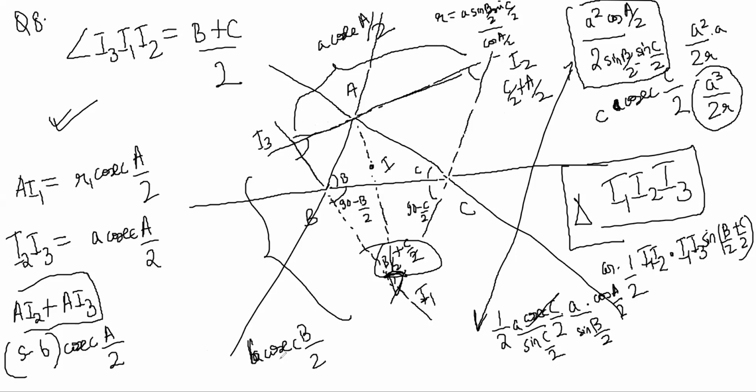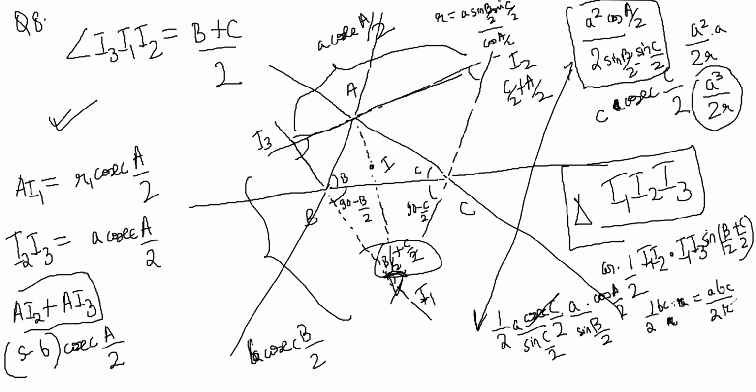So our formula is half. This one is C and B. So half BC and sin B sin C by cos, which is equal to A by R, right? So A by R by A. So ABC by 2R is coming, right?